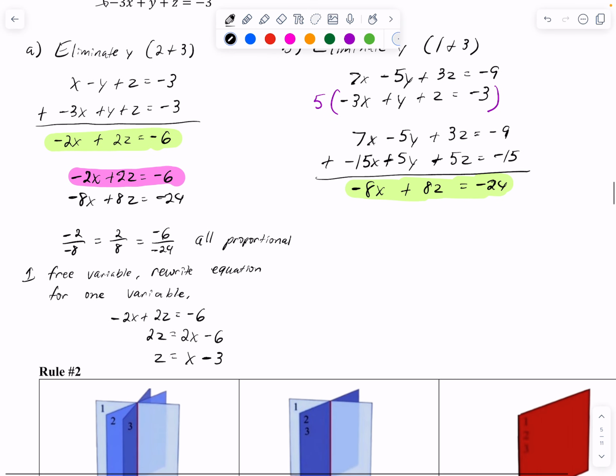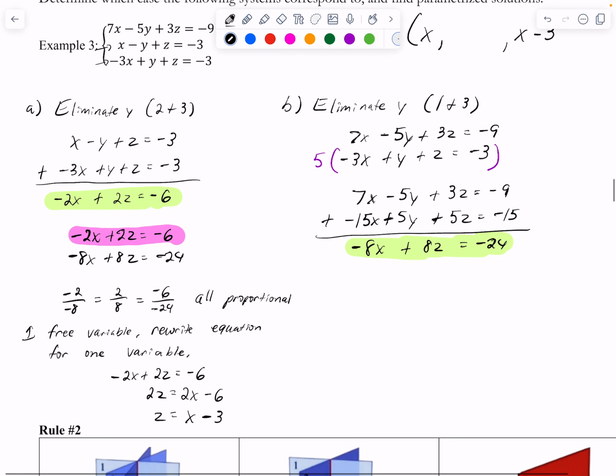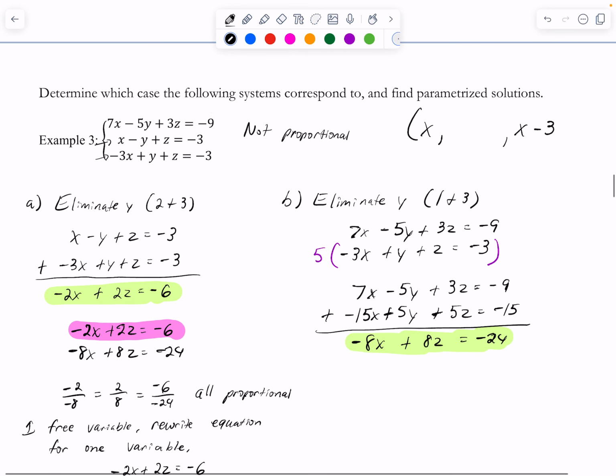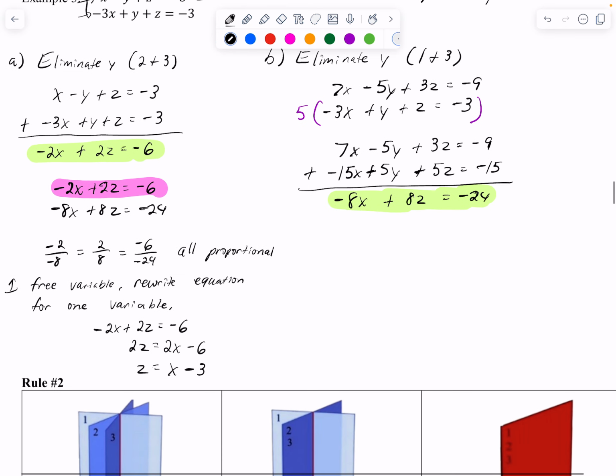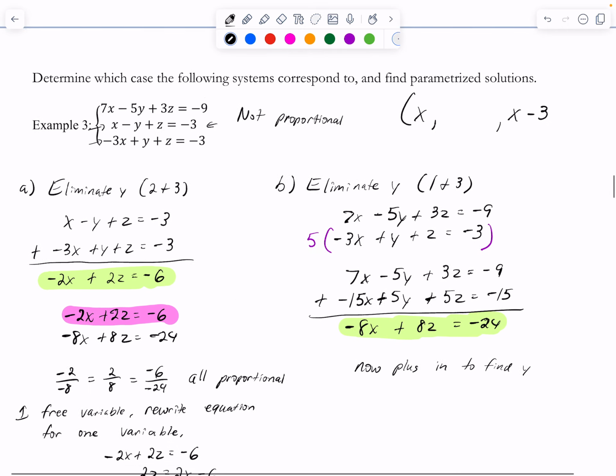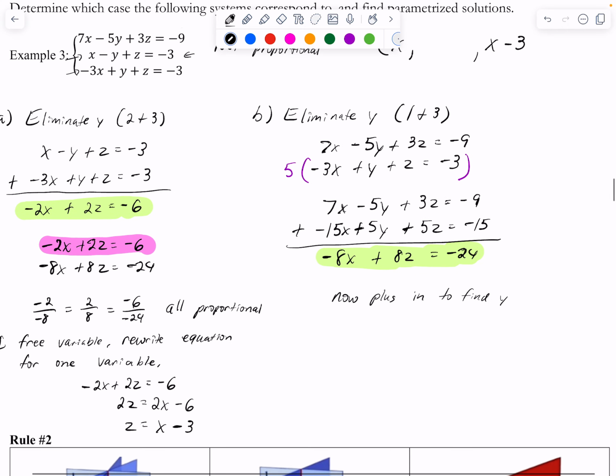Okay, now we do the same thing, but we're going to plug it in to find y. All right, so any one you want, I'm just going to choose the second one, but it doesn't matter. So now plug in to find y. So I'm going to write that second one, x minus y plus z equals -3.